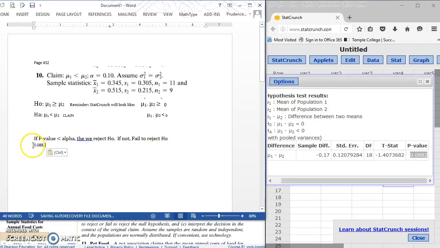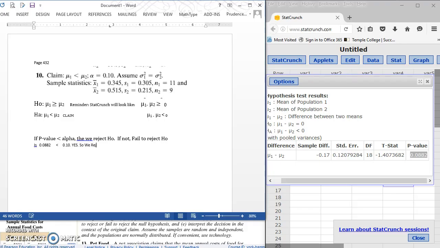So you have to ask yourself, is 0.082 less than our alpha value, which is 0.10 that was given to us at the beginning of the problem. So if you ask yourself, is 0.082 less than 0.10, the answer is yes.